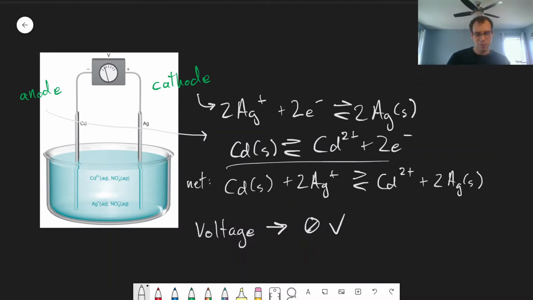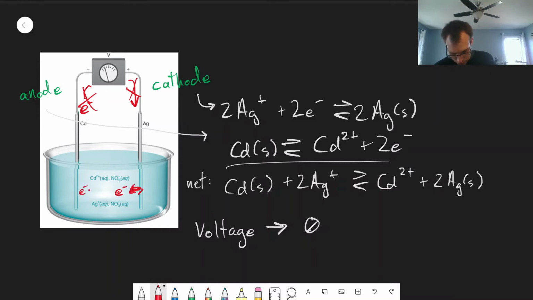Now, why is that? Well, we'd like the electrons to go from the cadmium through our voltmeter down to the silver, but they don't have to, because there's nothing stopping them from just going through the solution. The electrons can just be exchanged directly in the solution.